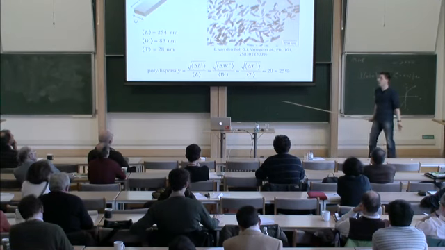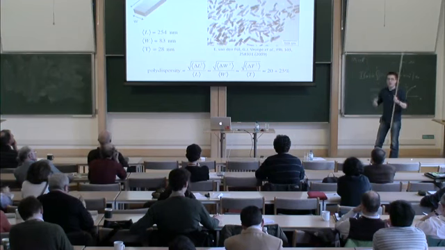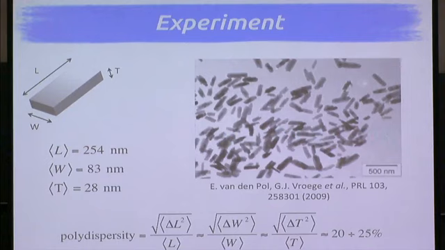Polydispersity, as already discussed, is basically the degree of dispersion in the dimension of the particles. High polydispersity means that the particles are very different in size between each other. 20-25% can seem pretty big, but actually for systems synthesized in laboratories, not that high.